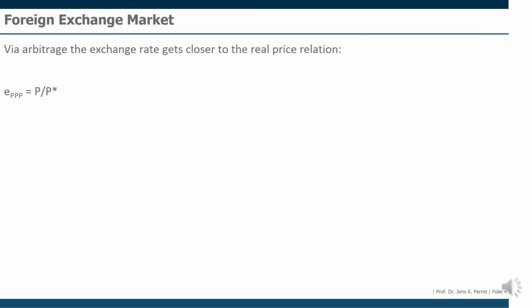We just have residual differences which are expressed by this so-called purchasing power parity exchange rate, which is here simplified as exchange rate PPP. So this assumes that after trade, prices have more or less adjusted to a stable relation. So this is the third type of exchange rate I want to introduce here.